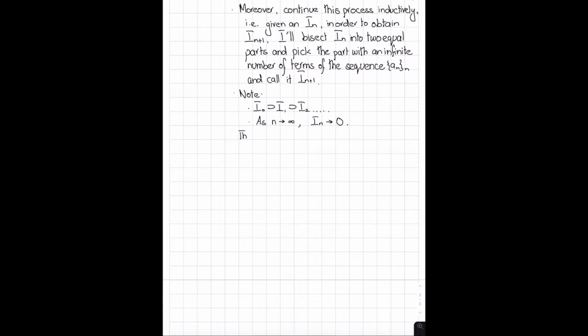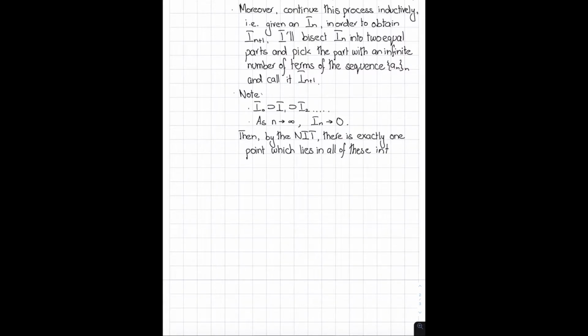Then, by the nested interval theorem, there is exactly one point which lies in all of these intervals.